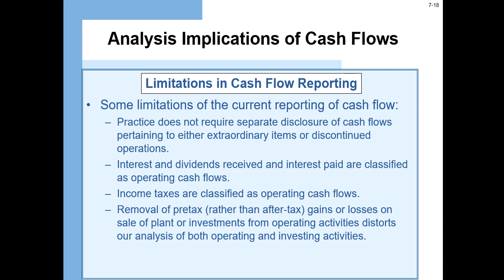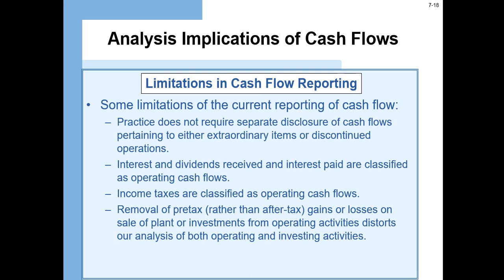Practice does not require separate disclosure of cash flows pertaining to either extraordinary items or discontinued operations. We have been through extraordinary items and discontinued operations. These will not be reported in cash flow.